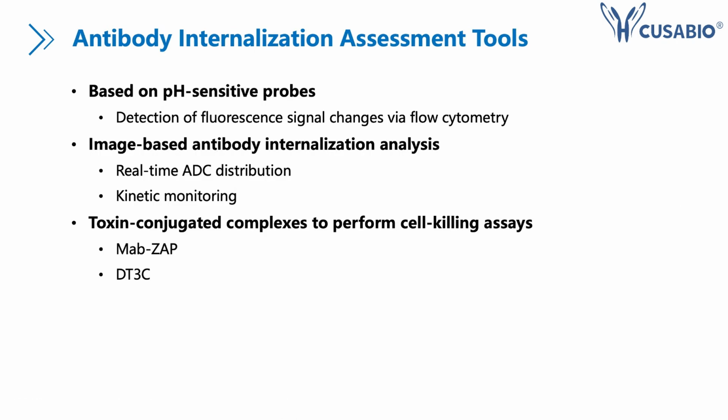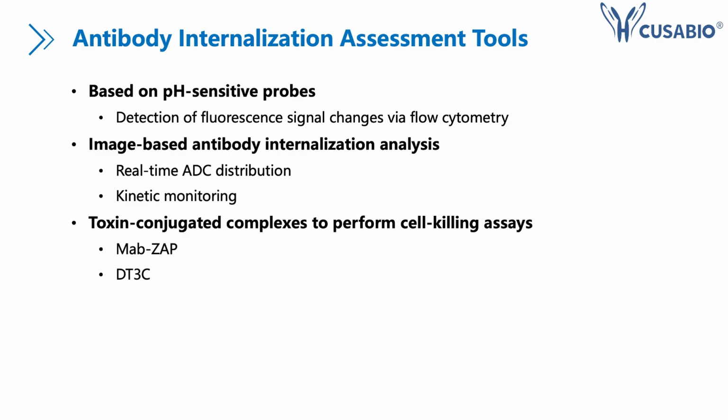I will introduce the current internalization assessment tools, because we already talked about how important antibody internalization is. Various tools have been developed to facilitate ADC discovery. The first one is an assessment tool based on pH-sensitive probes, because with these probes we can detect fluorescent signal change via flow cytometry or fluorescence microscope.